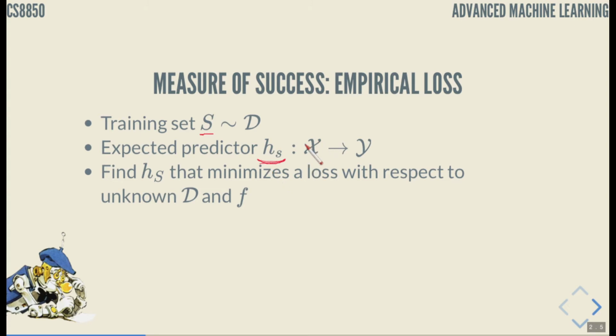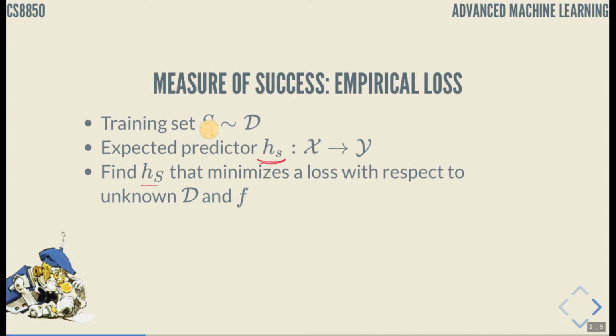It still maps any member of the domain to a label, but we found an H that minimizes loss with respect to a known D and F on that training sample. So we're minimizing loss on the training sample.